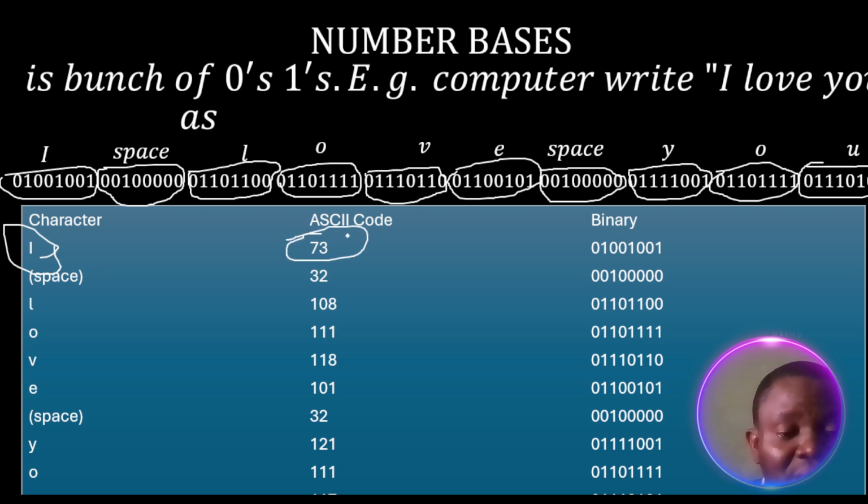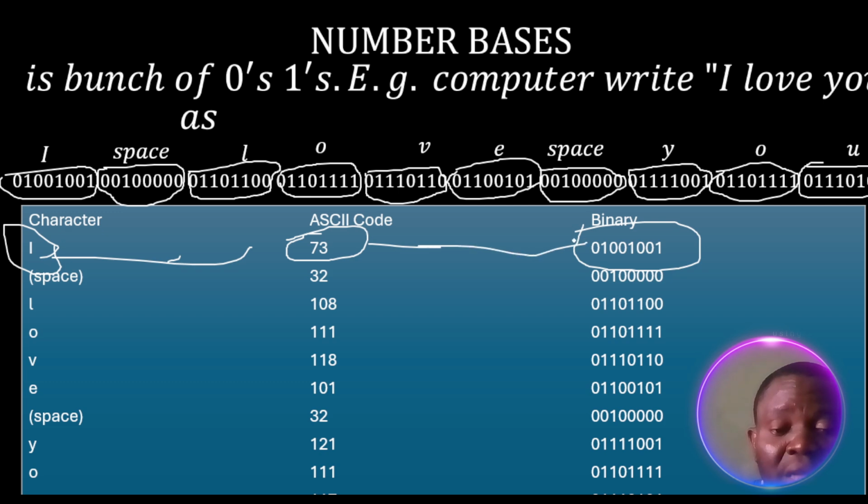Then this is 73 in base 10, converted to what? To a binary number. You can see that from letter to decimal, from decimal to what? To binary. This is how they achieve conversion of numbers from one base to another base.